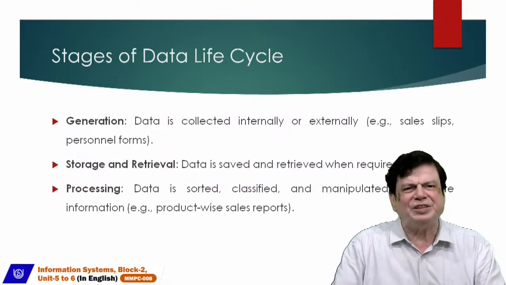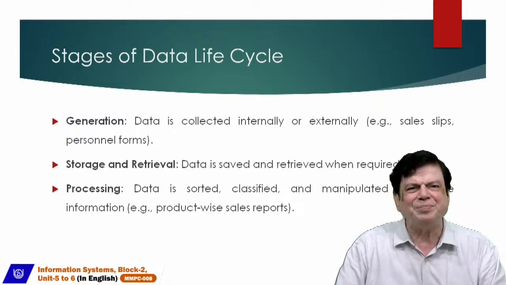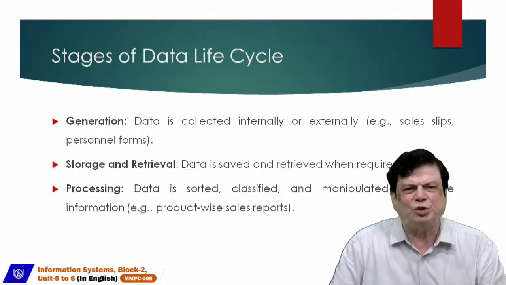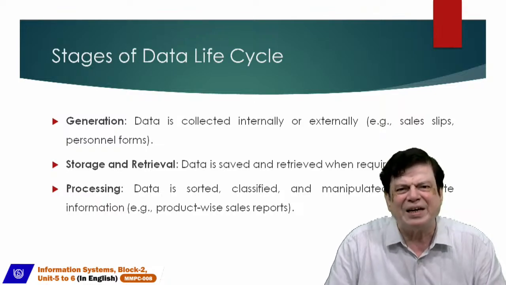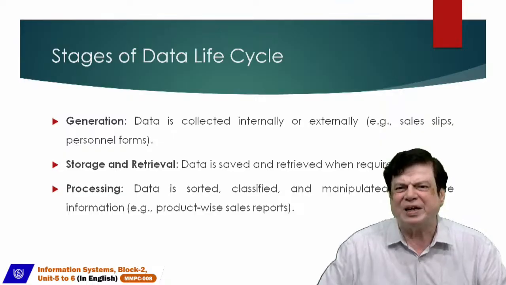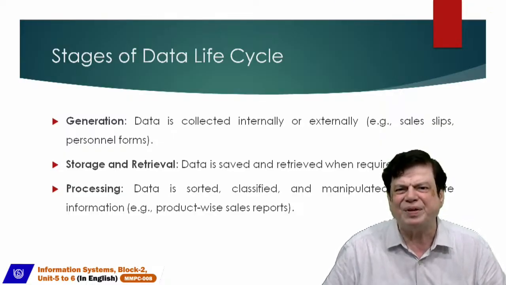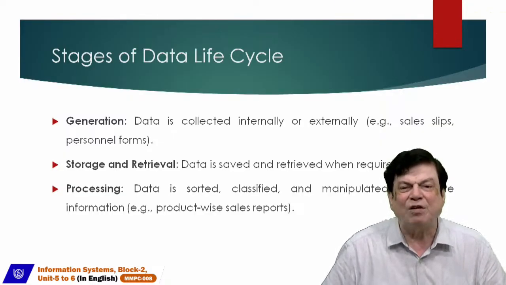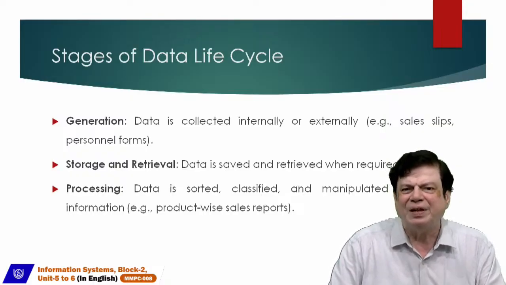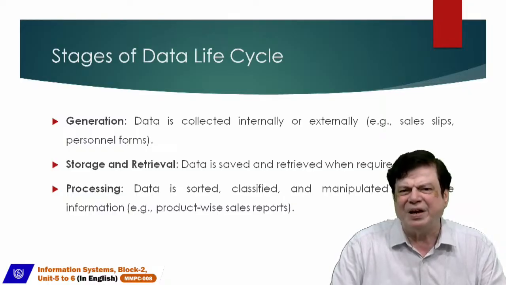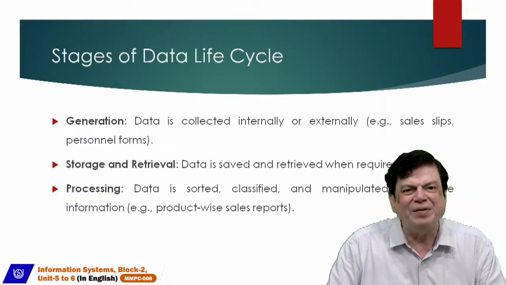Next are the stages of the data life cycle: generation, storage and retrieval, and processing. Under generation, data is collected internally or externally, that is, sales slips, parcel forms. Then storage and retrieval: data is saved and retrieved when required.